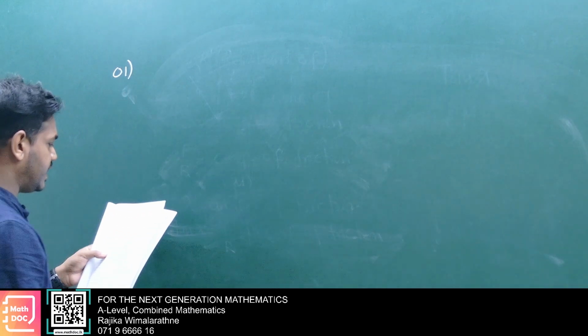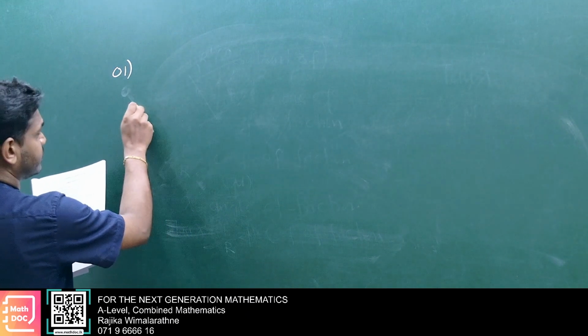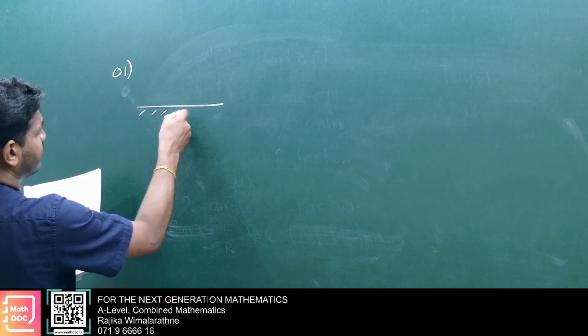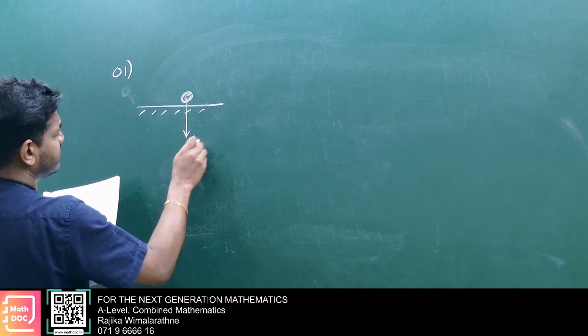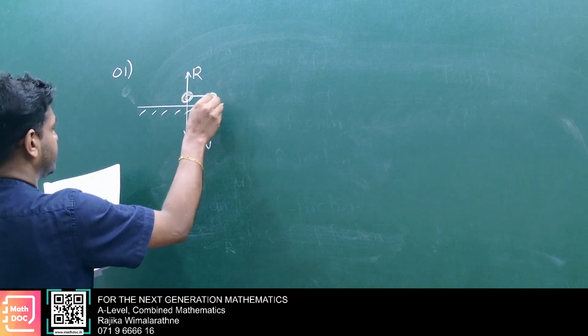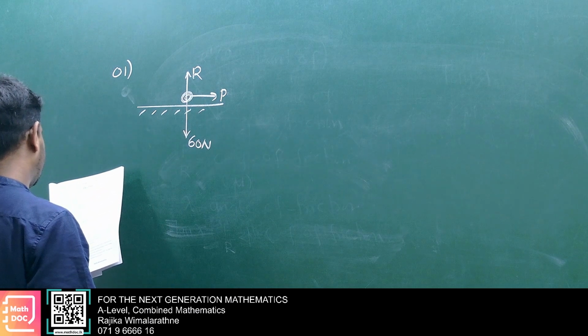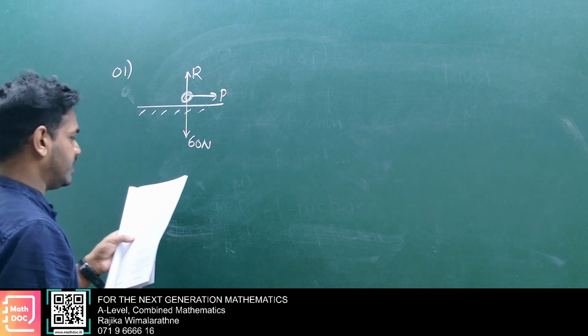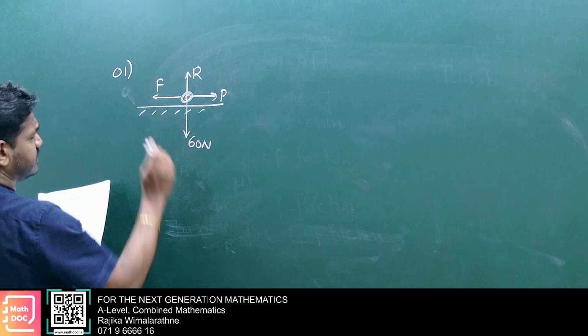A horizontal force P is applied on a body of mass 6 kilograms, which is on a rough horizontal plane. Mark the forces: 60 Newton, mark the reaction, then the force P given. When P is gradually increased to limiting equilibrium, there will be friction.